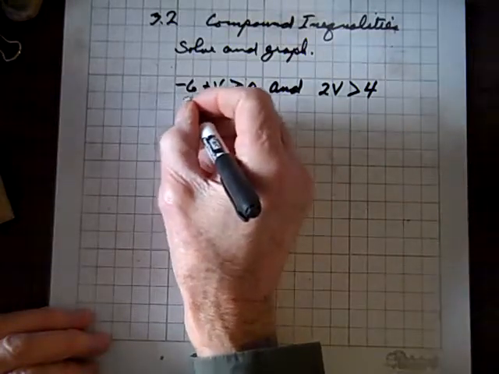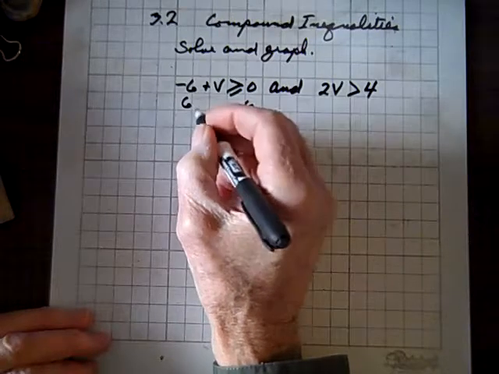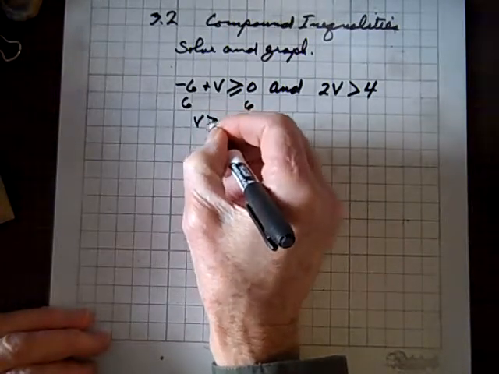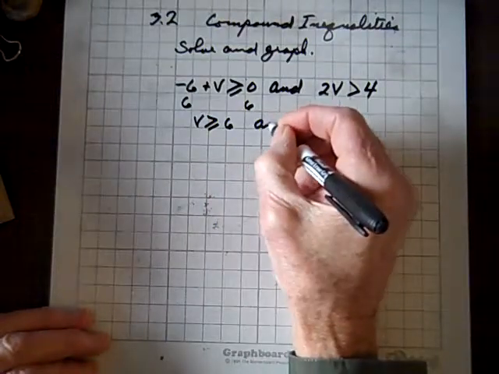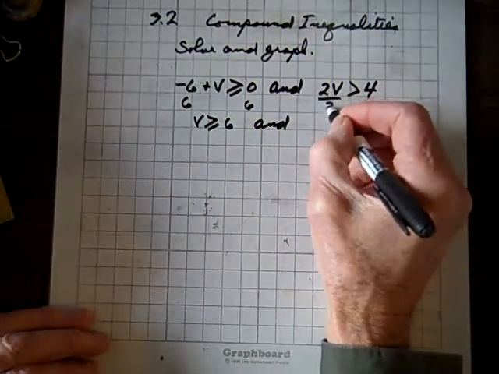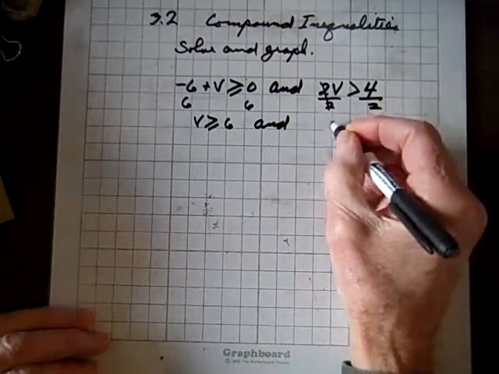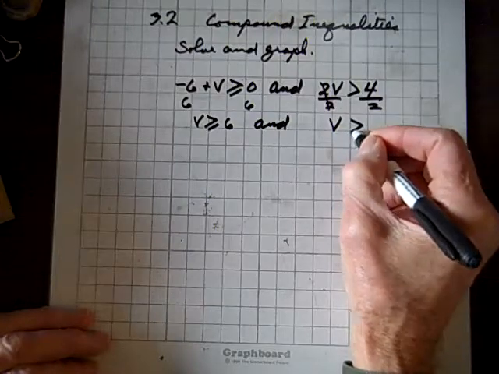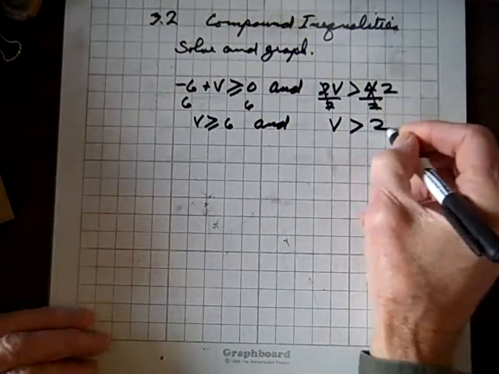So I guess we'll add 6 to both sides, and we get v is greater than or equal to 6. And in this case, we'll divide both sides by 2. And so we get v is greater than, and 2 goes into 4 twice, 2.